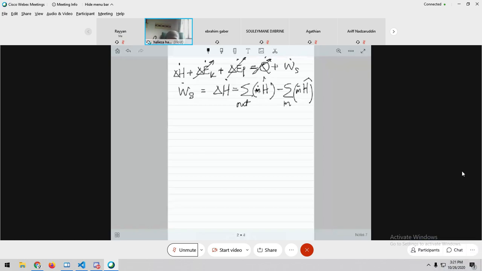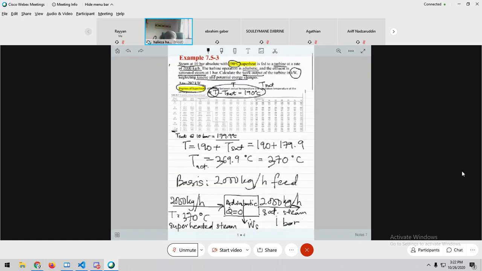What you can do is you can draw your table. That's what we did just now. We have steam. No, better not use the table. Just look at the diagram. We have in 2000, 370 degrees, and it's superheated.